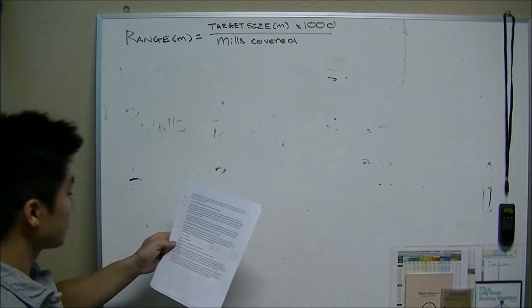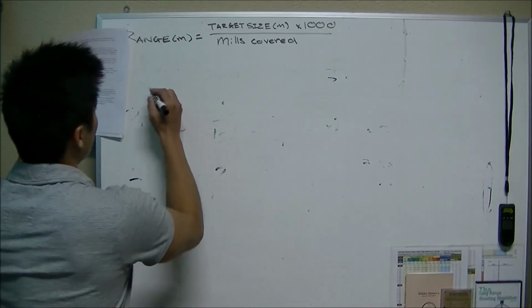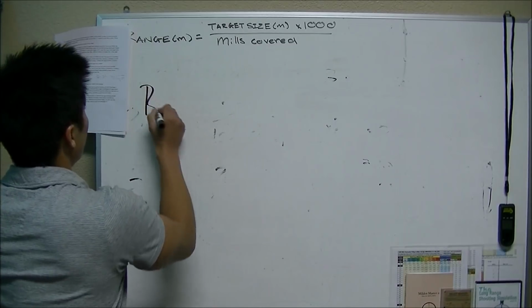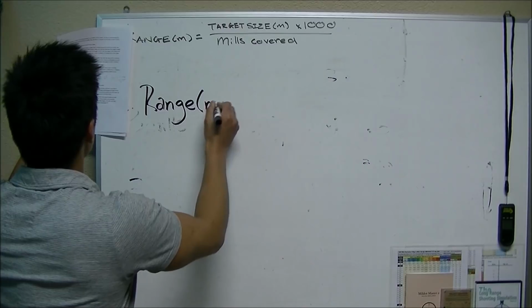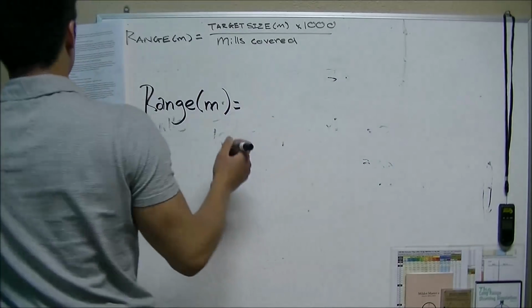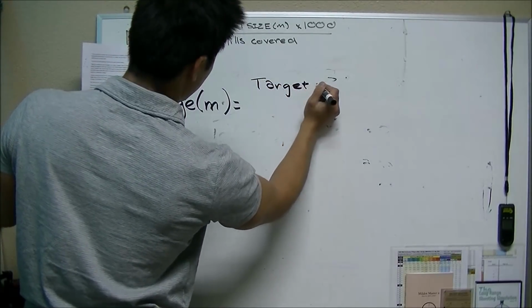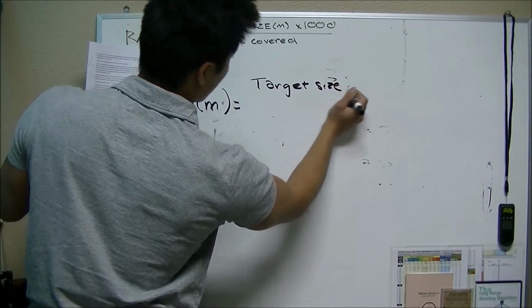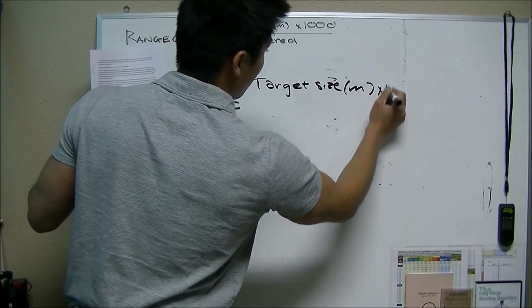But you can also do this. So range in meters is going to be target size in meters multiplied by 1,000.